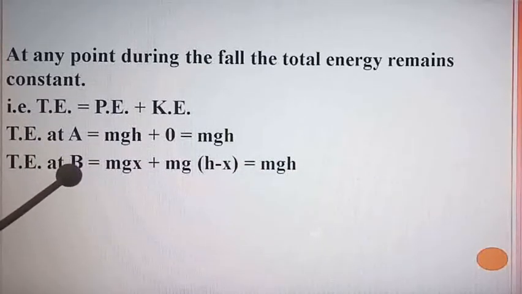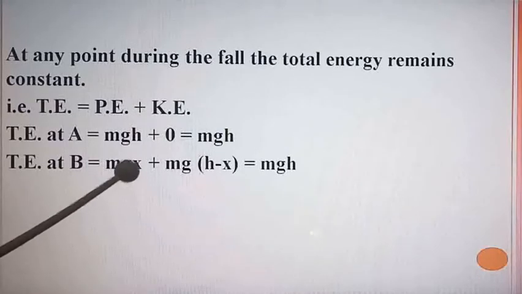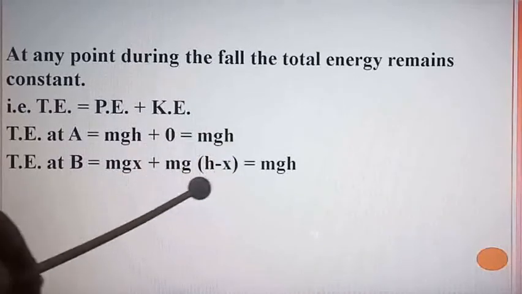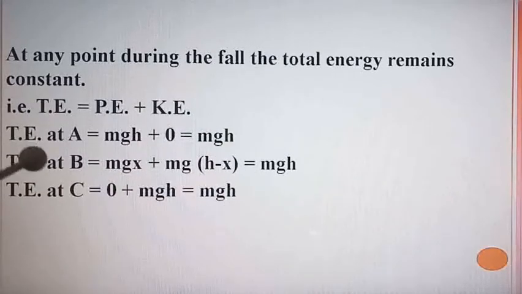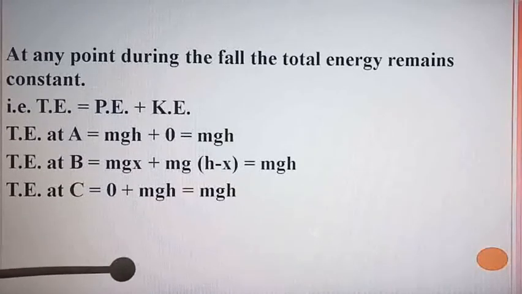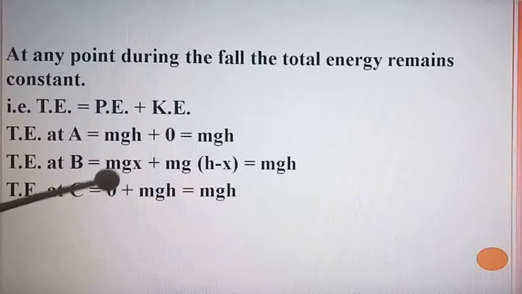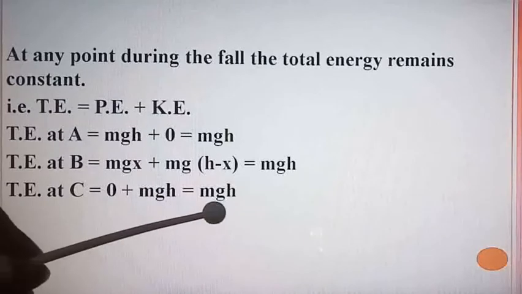At point B, it was mgx plus mg(h minus x), that is mgh. And at point C, that is on the ground, potential energy is 0, kinetic energy was mgh, so the total came out to be mgh.